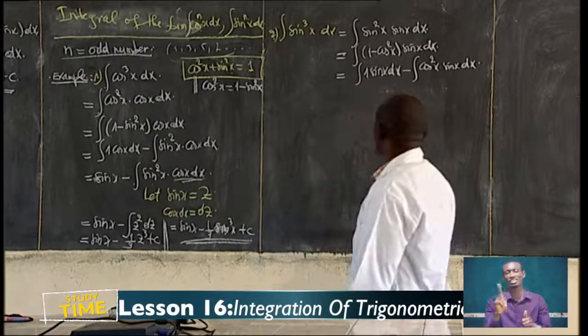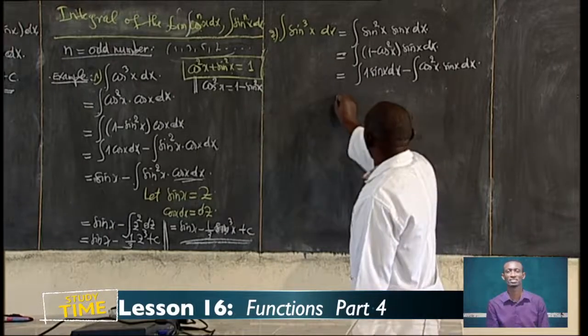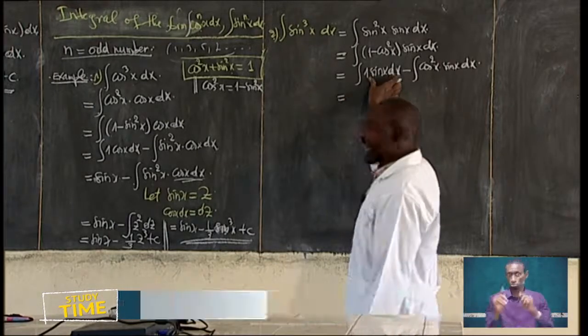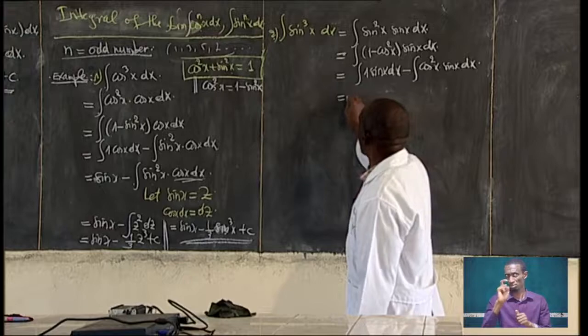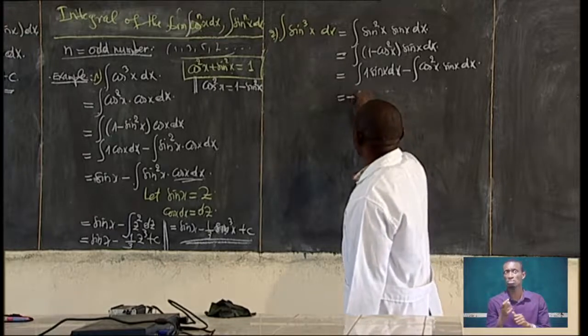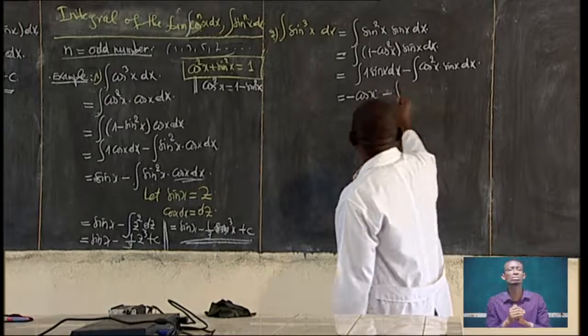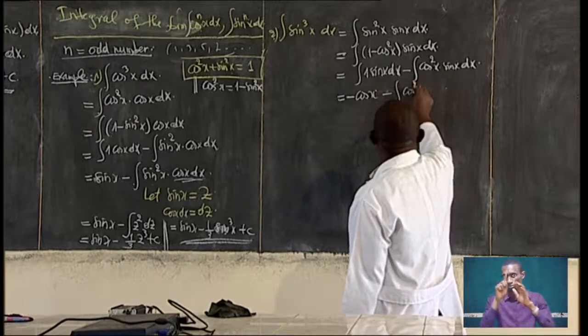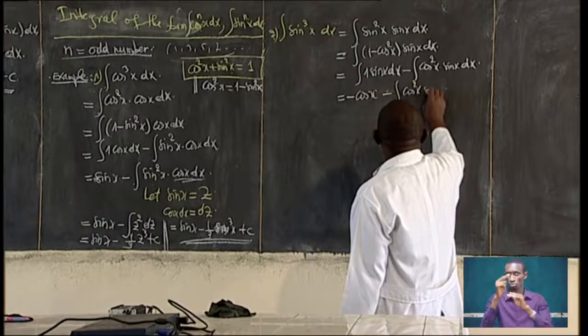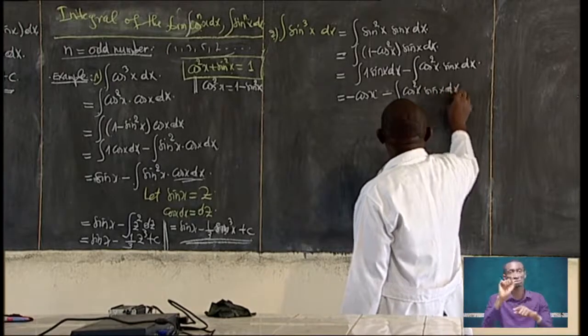Okay, very good. So the integral of sine x dx is known to be negative cosine x. Then minus integral of cosine squared x times sine x dx.